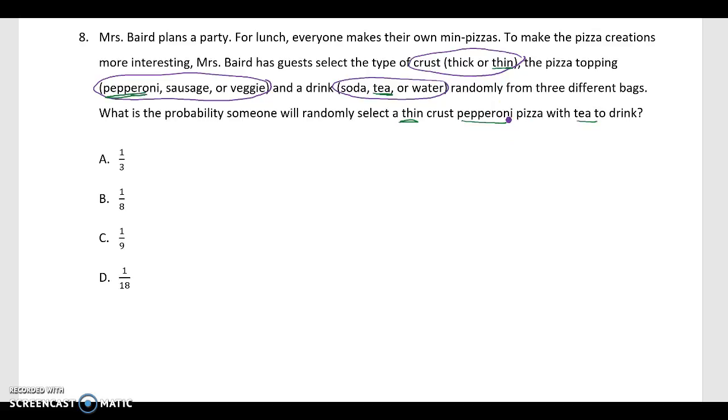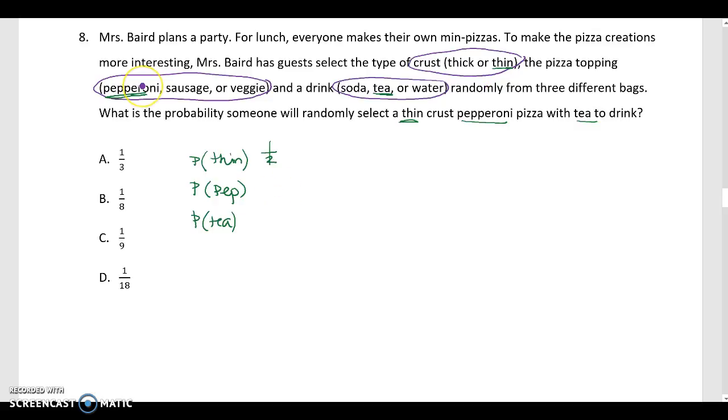So I have 2 options. I can do it mathematically, so I want the probability of thin pizza crust, pepperoni, and tea. Or you can draw a decision tree. But let's do it mathematically first, and we can check that way. So thin is listed once, and there's 2 crust options, so 1/2.